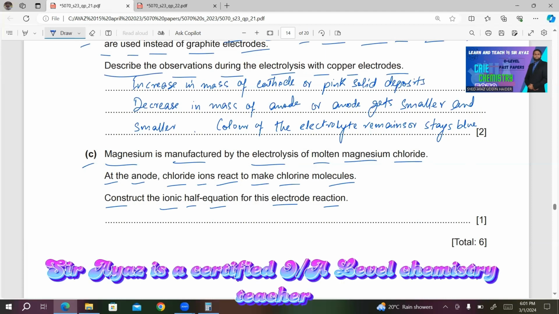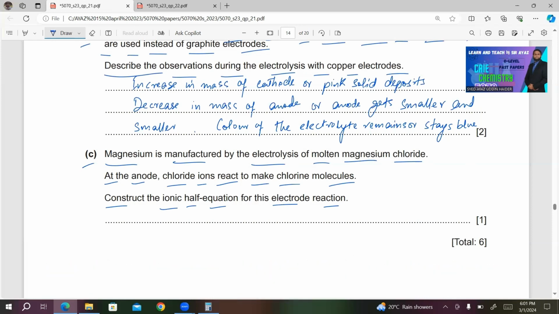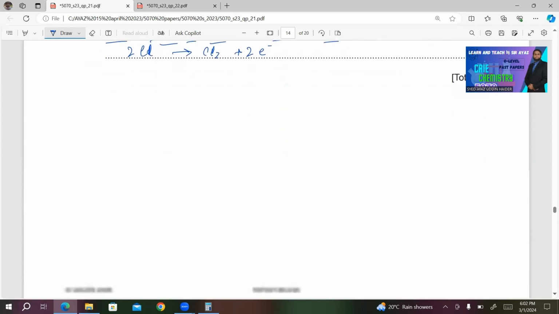Chloride ion will be losing electrons to produce chlorine molecules. Cl negative gives Cl2 molecule plus electron. And if you balance the equation, there are two Cl atoms in Cl2. We have Cl2 molecules, so you write 2 before Cl negative ion and 2 before electrons. This will be the final answer.